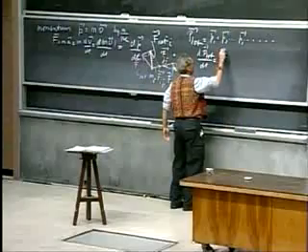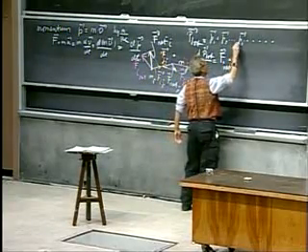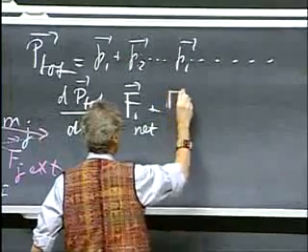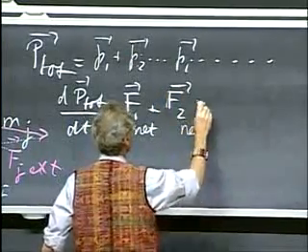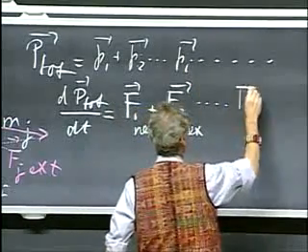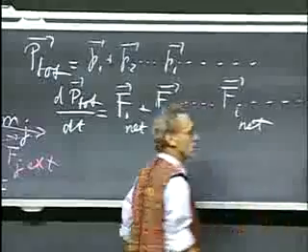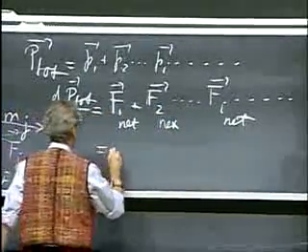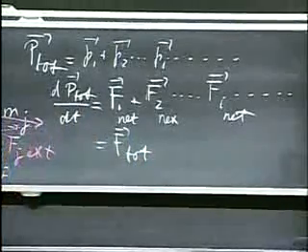It's the total force on number 1. So it is F1, but it is the net force on 1. And dP2/dt for this particle equals F2, the net force. And the force on particle number i equals Fi net, and so on. And so when we add up all these forces, obviously, that is the total force on the entire system.